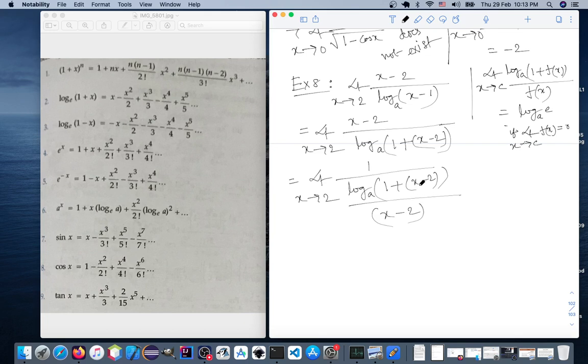So we have got the general form, and we can see over here the general form f(x) is tending to 0 when x tending to c. So over here f(x) is x minus 2 which tends to 0 when x tending to 2.